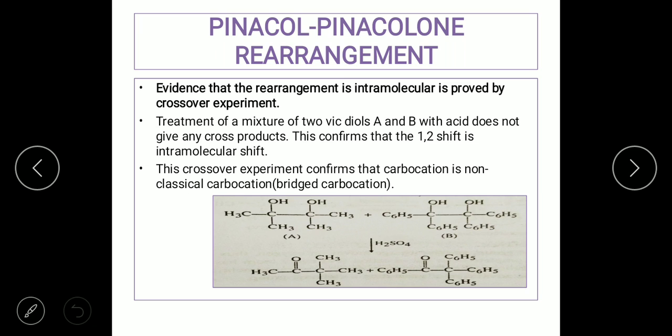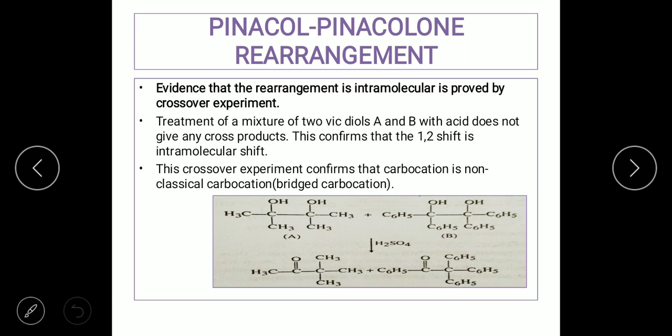And when there are no cross products formed, we can easily prove that these reactions are intramolecular. This means that within the molecule itself there is rearrangement taking place. Within the molecule itself, the migrating groups are moving from one carbon to another within the same molecule.